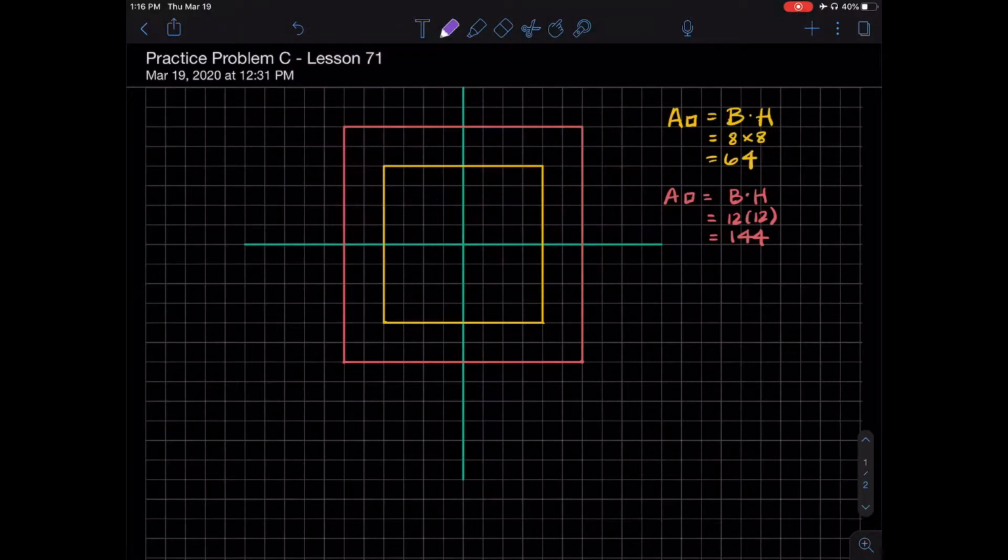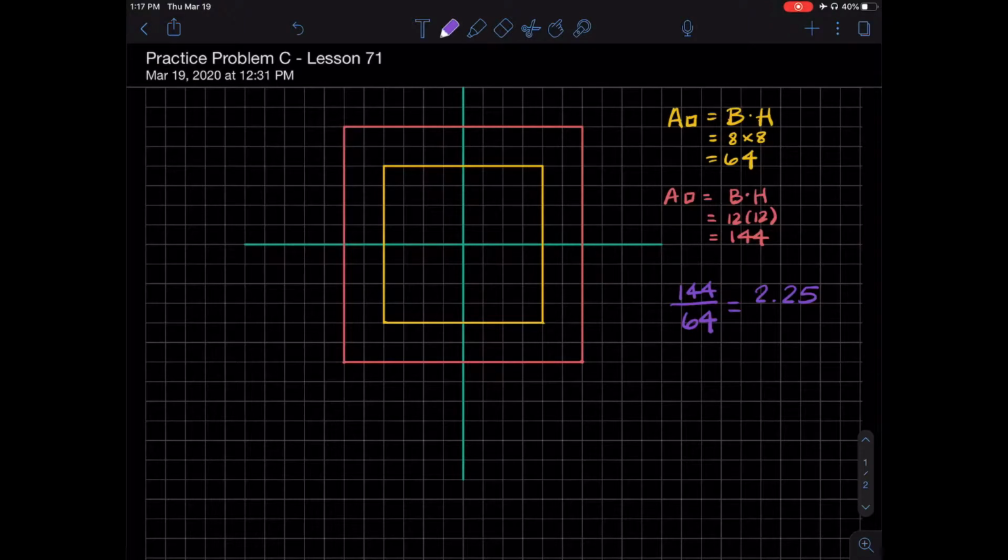So we're going to go ahead and set these up as a ratio, and we're going to put the area of the big square, which is 144, over the area of the little square. So I have 144 over 64. Now 144 over 64 is 2.25.